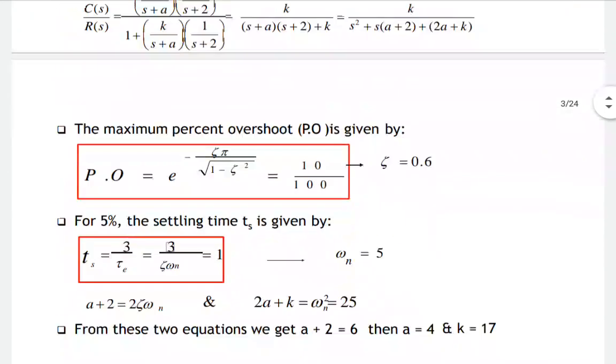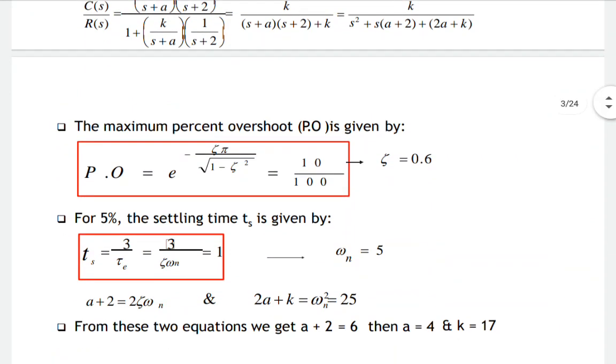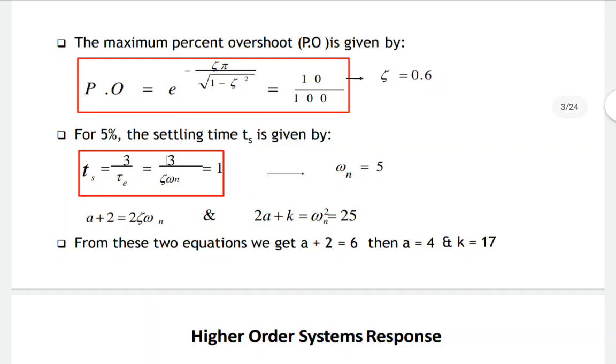Now, what is the formula for maximum percentage overshoot or peak overshoot? That is e to the power minus xi pi by root under 1 minus xi square, where xi is the damping ratio. Just recall that concept: when xi is equal to 0, it signifies no damping, that is oscillatory nature.